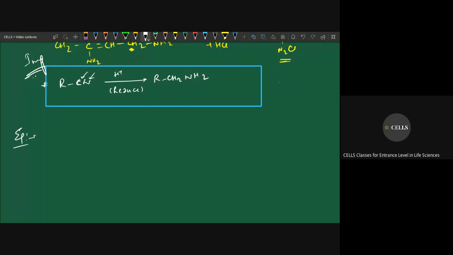Suppose we have NH2, CH2, CONH2. If we do this, HNO2, what will be the answer? It will be OH, CH2, C double bond OH, COOH.